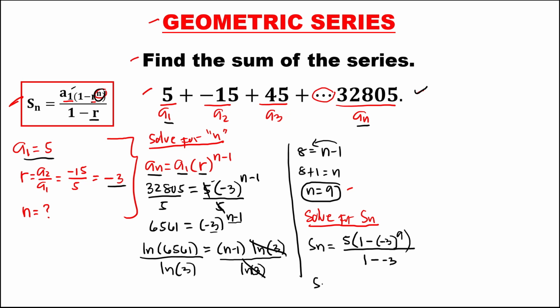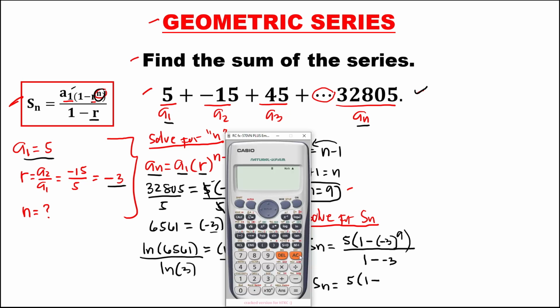Then to simplify, we have the sum of the numbers equals 5, then times 1 minus this negative 3 to the power 9. So we need to put inside the parentheses for the negative numbers, then to the power 9.